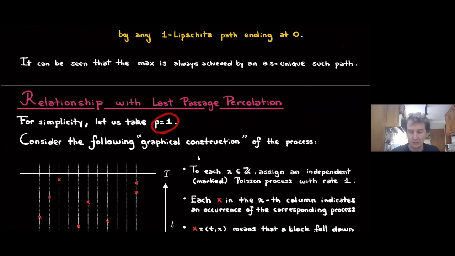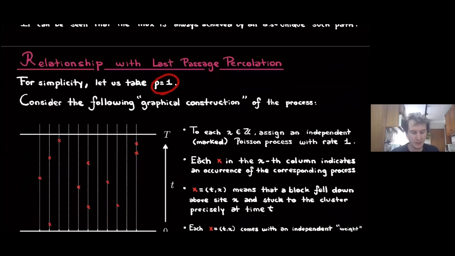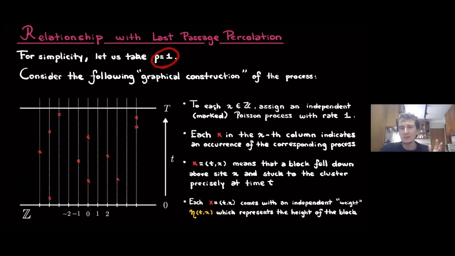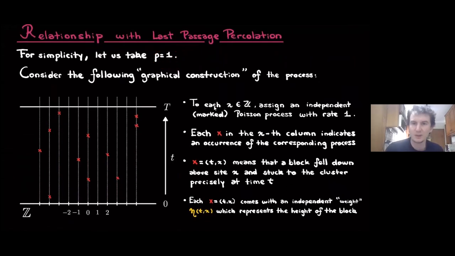And in order to explain the relationship between our original model and the last passage percolation problem, I want to recall the graphical construction I suggested in the beginning. Imagine that for each x in the integers, I have an independent Poisson process, which I drew here with these dotted lines. The red crosses on each of these dotted lines are the occurrences of these Poisson processes.